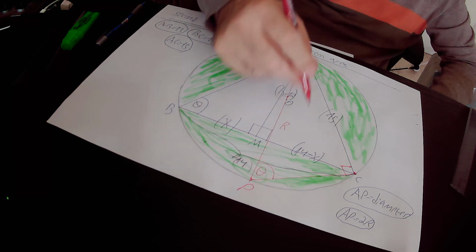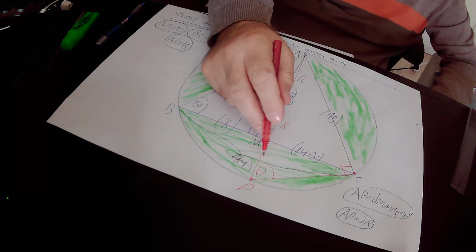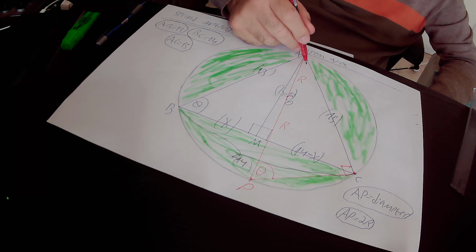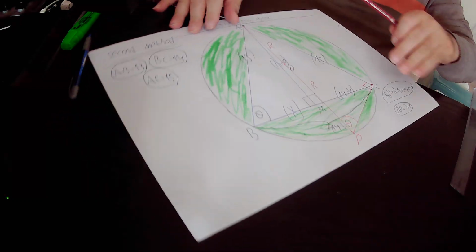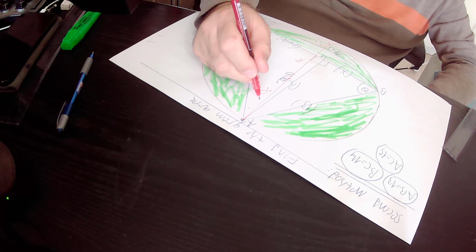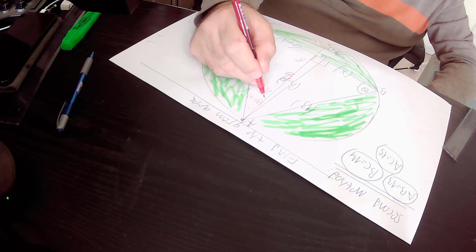In the next step, we'll focus on the right triangle, triangle APC. In the right triangle APC, this angle equals theta, this angle equals 90 degrees. Therefore, the missing angle here must be equal to 90 degrees minus theta. Why?